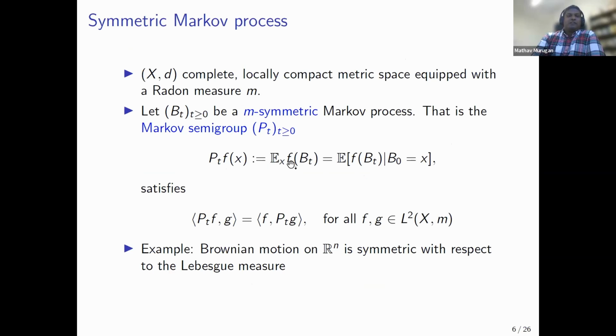It's the expectation of f of the diffusion at time t, where x is the starting point. And this satisfies the symmetry or self-adjointness property that if you take any two functions in this L2 space, then it has this self-adjointness with respect to the measure m. For example, Brownian motion on R^n is symmetric with respect to the Lebesgue measure. So that's the simplest example to keep in mind.